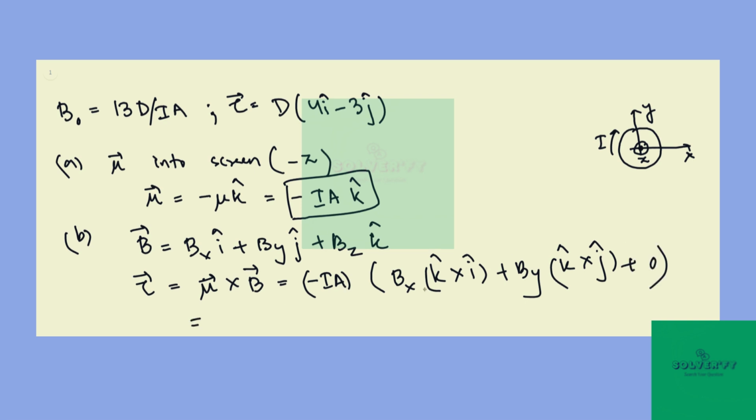And we can simplify this, and this becomes IA By i cap minus IA Bx j cap. So this comes from the expression that k cross i cap is positive j cap, and k cross j is negative i cap.